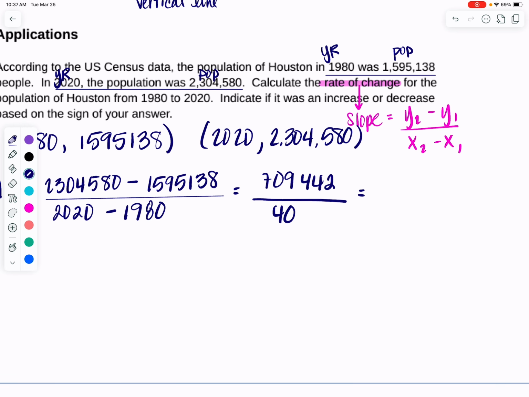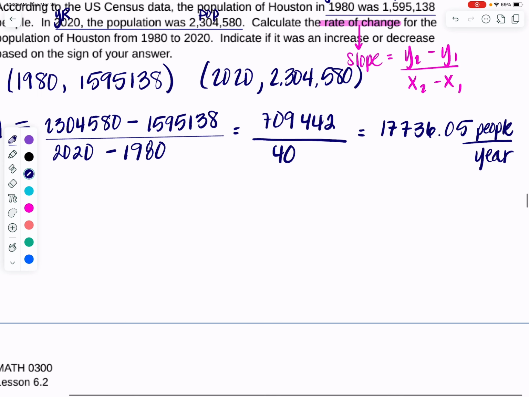When I plug it in, I get 17,736.05, and this is people per year. If I were actually going to do this, I wouldn't worry about that 0.05. That's not a whole lot of a person. I would round this to 17,736 people per year.